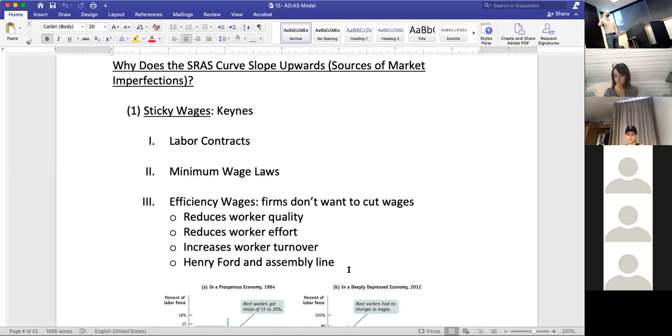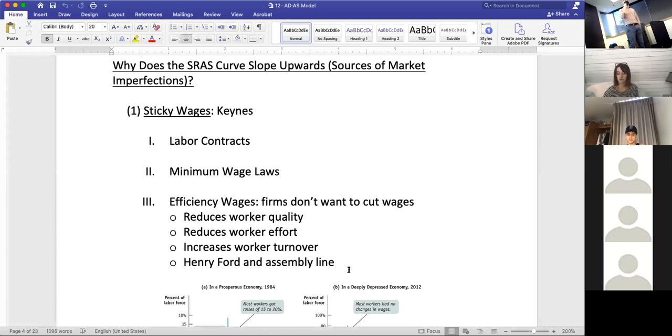So, this idea that wages influence productivity is an idea that has long been understood among people in business, right? Henry Ford understood this. Ford understood that by paying workers more, I might actually get more out of them, and it's worth it.